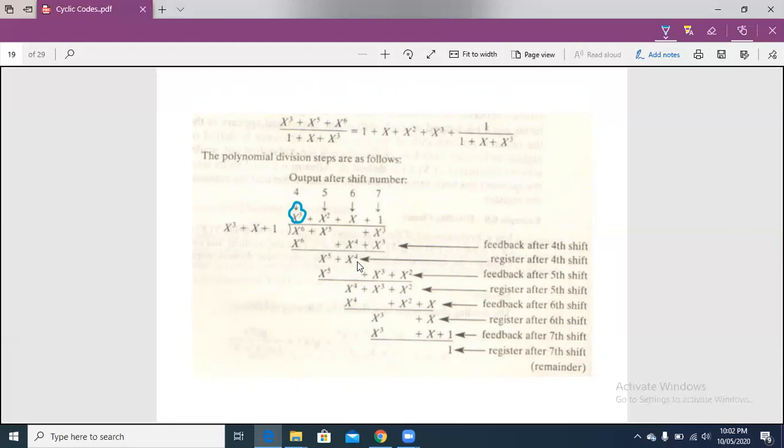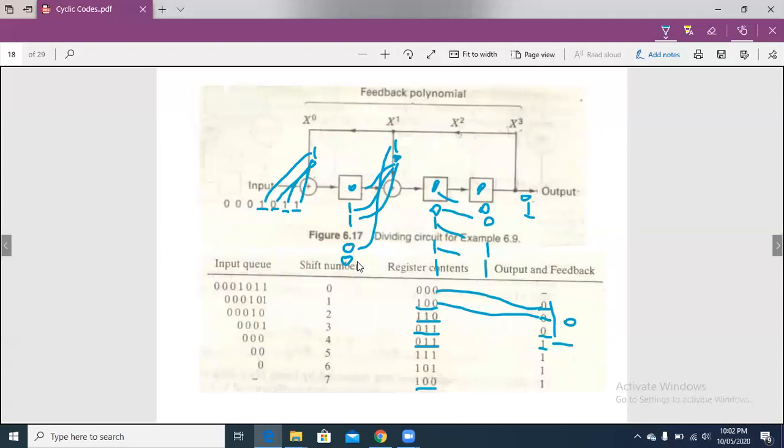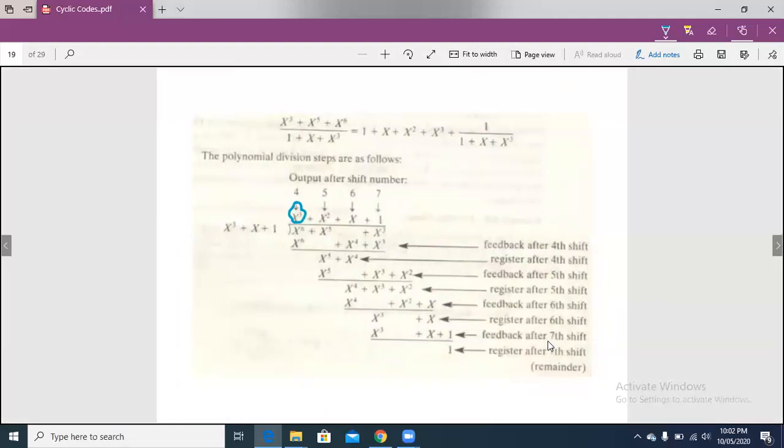We move in that way, and if we want to write this, first we write the contents of the register, which is the parity, 100, and then we write 1111, which are the contents of the register.